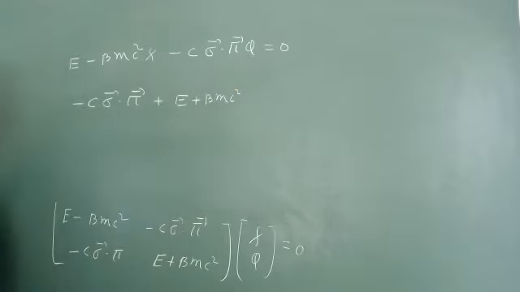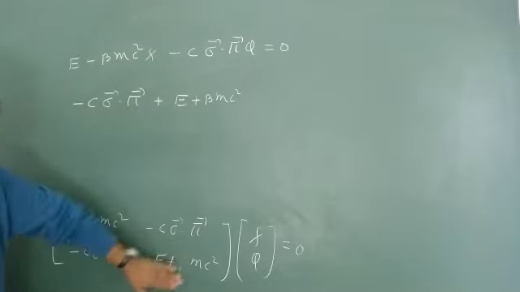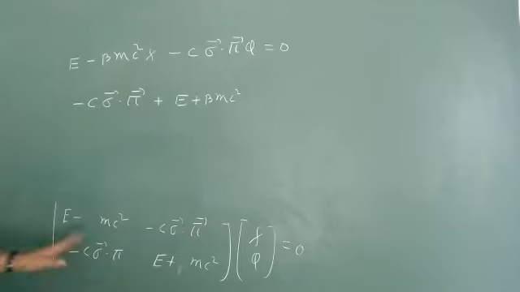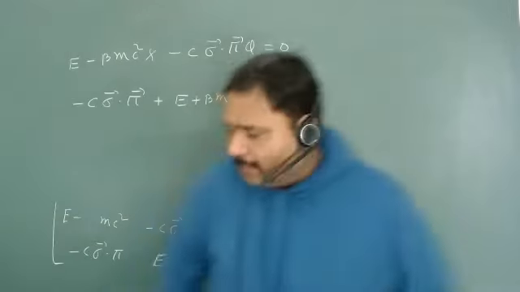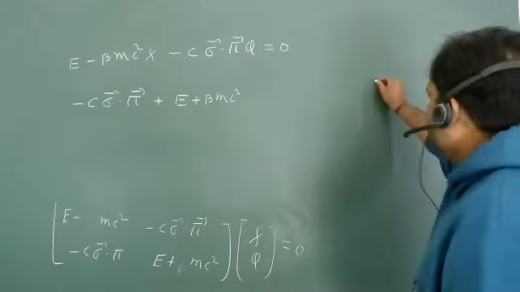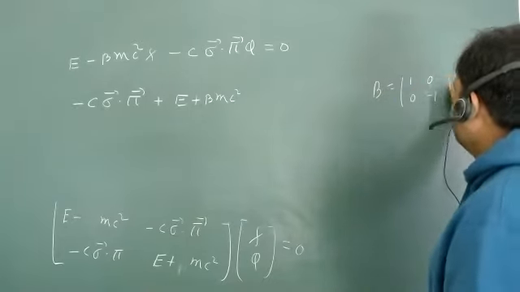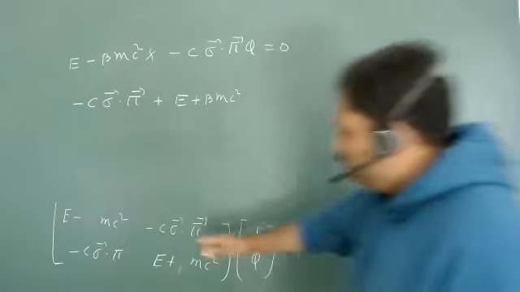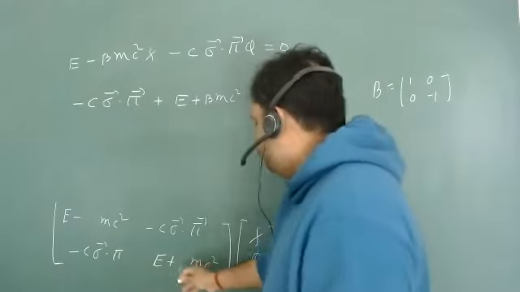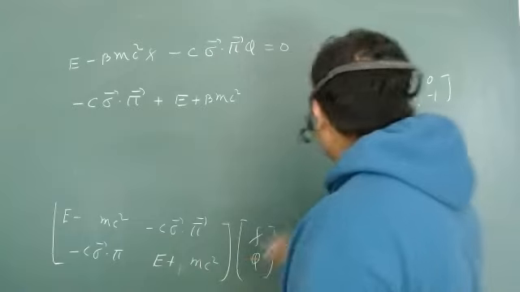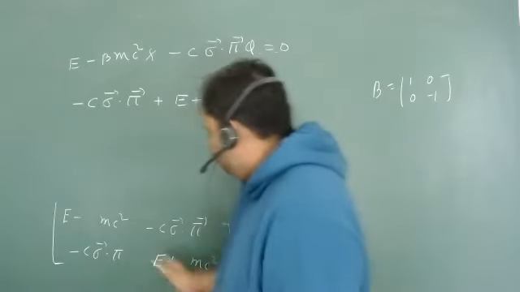Sorry, instead of beta, we don't take beta, we will take only plus and minus, because this is +1 and -1. Sorry, please correct this here. Beta is something we have as 1 0 0 -1. So we will just take beta equal to 1 and beta equal to -1. That side it will come as -1 and +1.